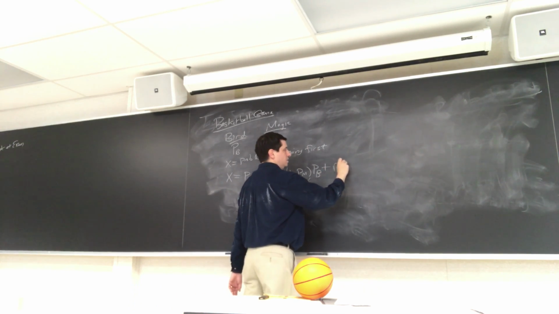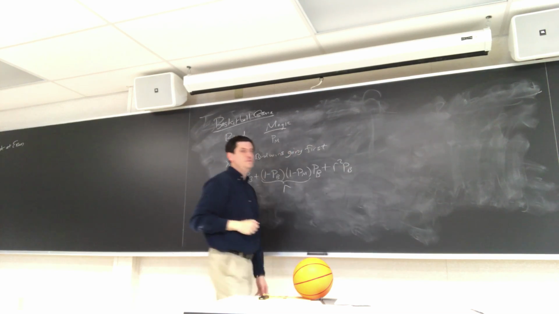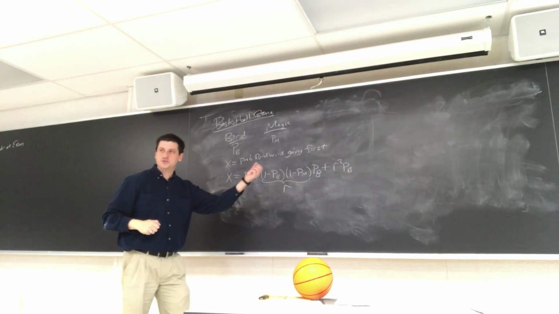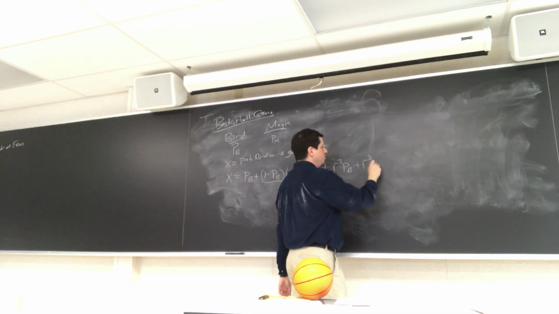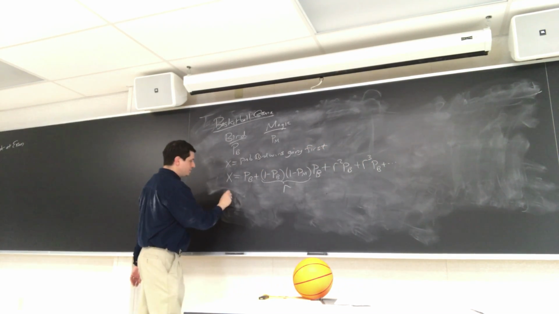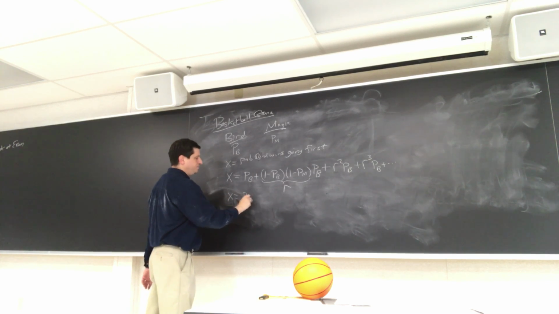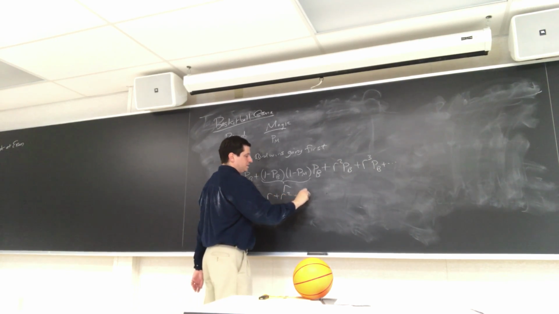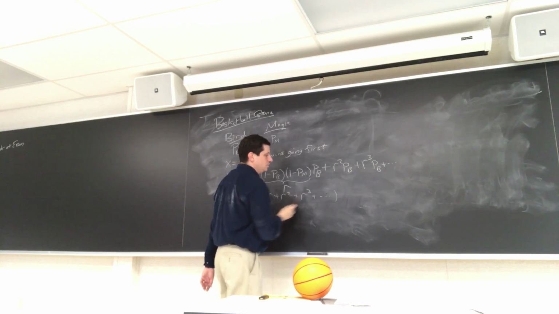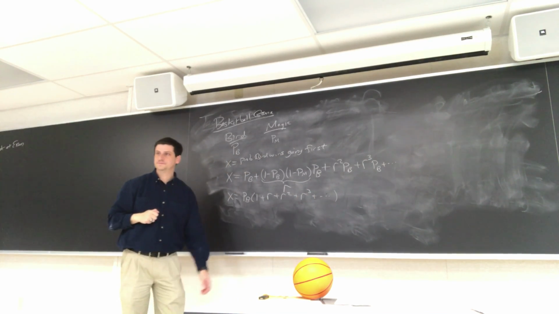Excellent. So Bird misses, Magic misses, Bird misses, Magic misses, and then Bird gets it. And then the pattern just continues. R cubed PB, and so on. So we notice every single term has a PB. We factor it out, and we get 1 plus R plus R squared plus R cubed. So we have a geometric series.